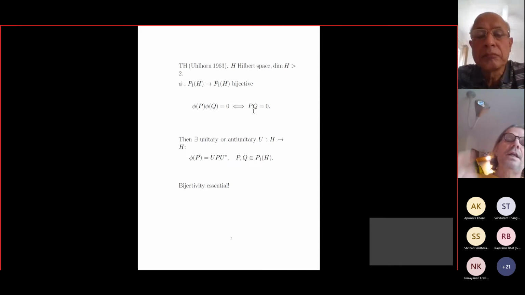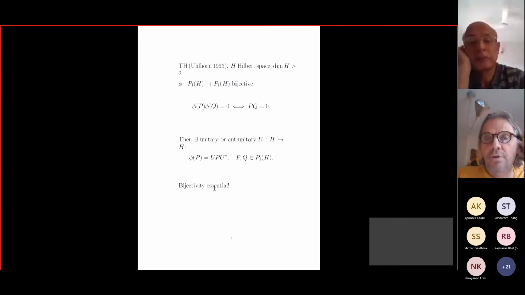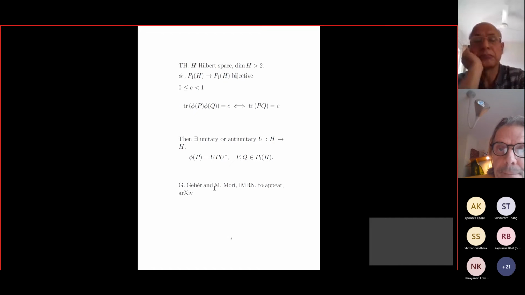P and Q are orthogonal if and only if the images are orthogonal, and again we have the same conclusion. Here the bijectivity assumption is essential. Without it, you can do crazy things, but I have no time to go into details.